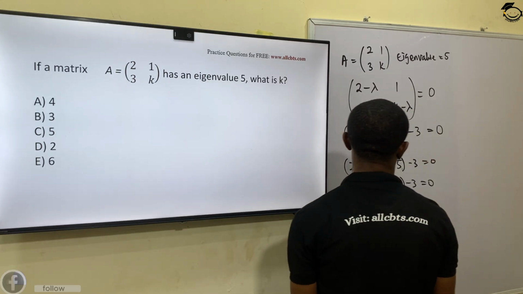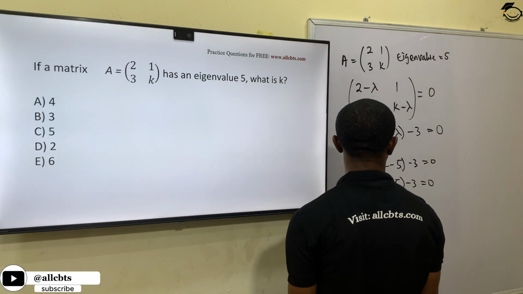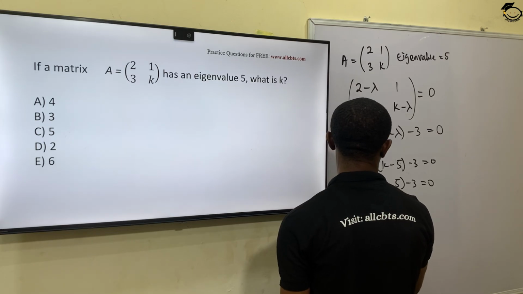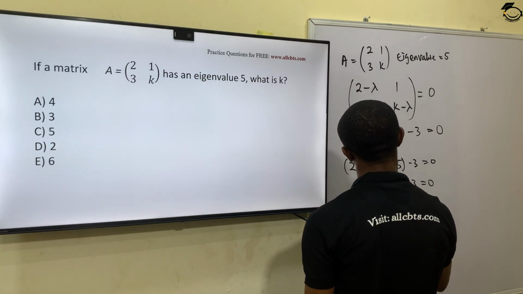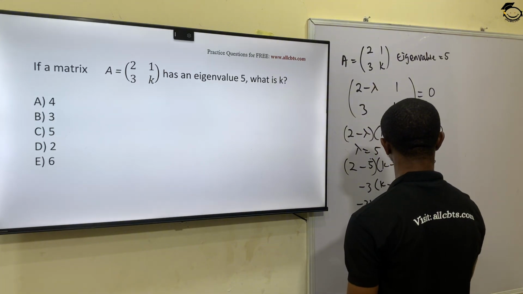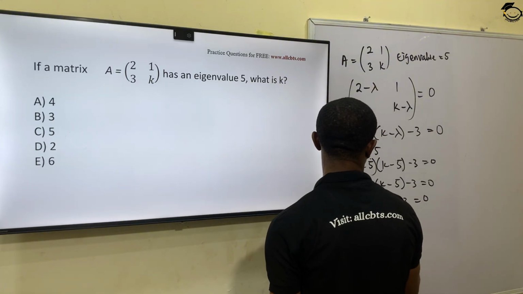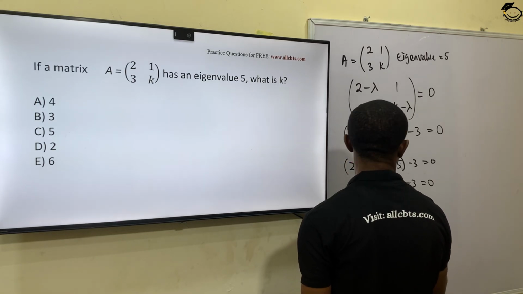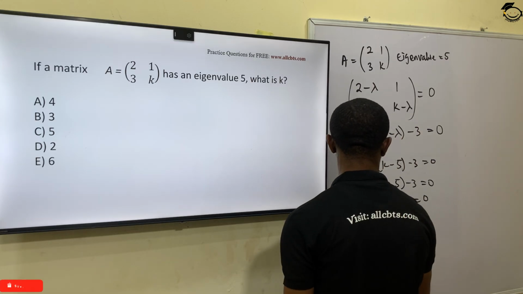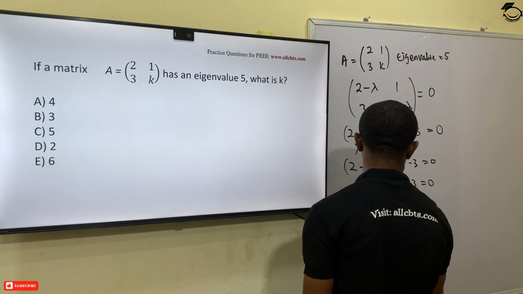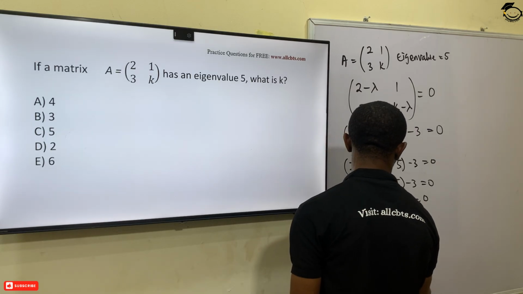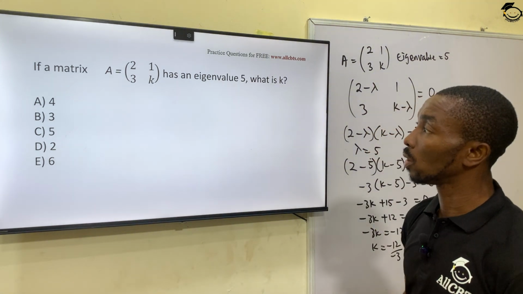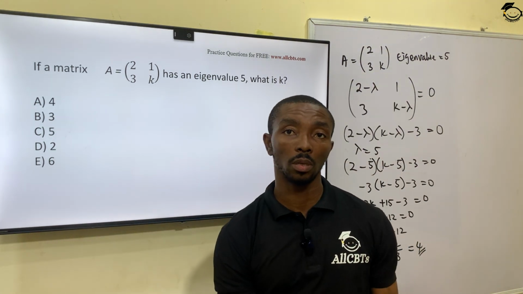Okay, so collecting all terms, expanding this, we have it as minus 3k plus 15 minus 3 equals 0. So this becomes minus 3k plus 12 equals 0. So minus 3k equals minus 12. So k equals minus 12 over minus 3. Our value for k will be 4. So k equals 4, which is option A.